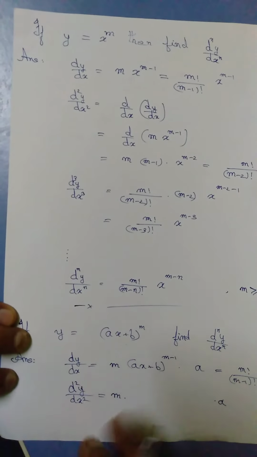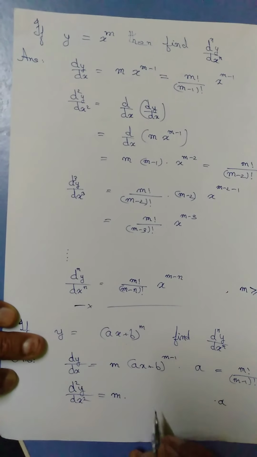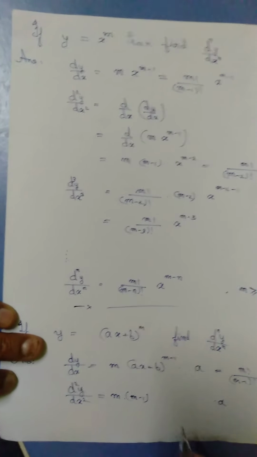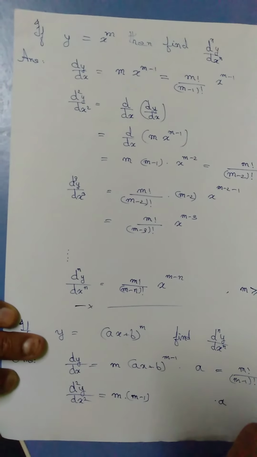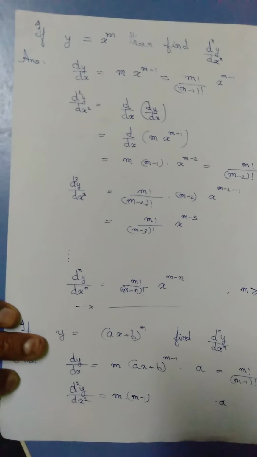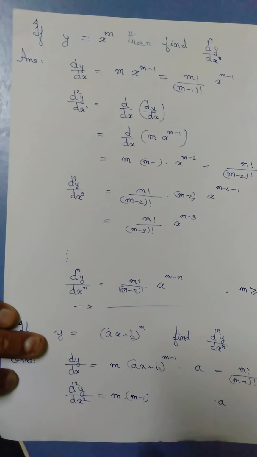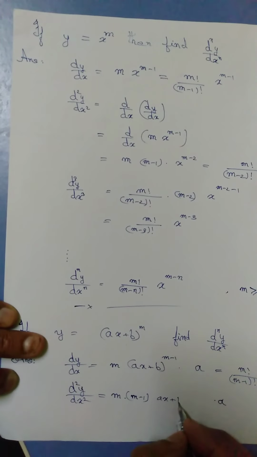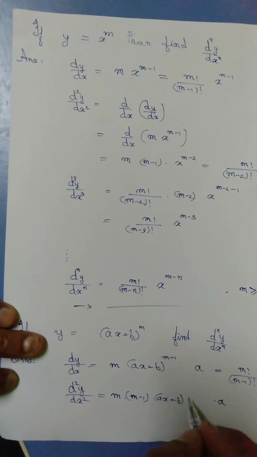Let's differentiate it once again with respect to x. m minus 1, and here I should have m greater than or equal to 1, and here (ax plus b) to the power m minus 2 into a.